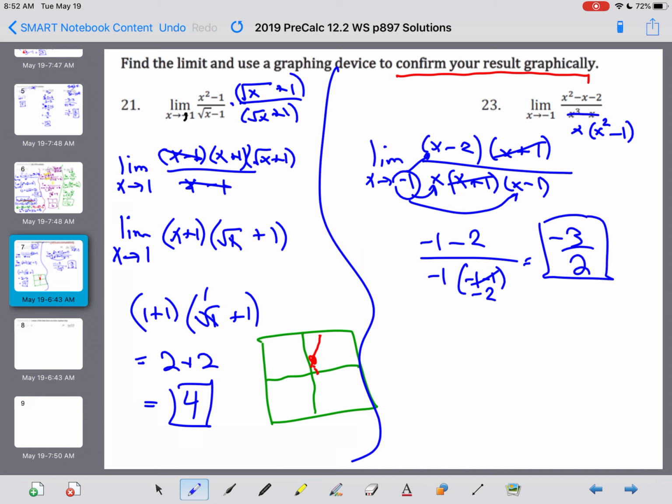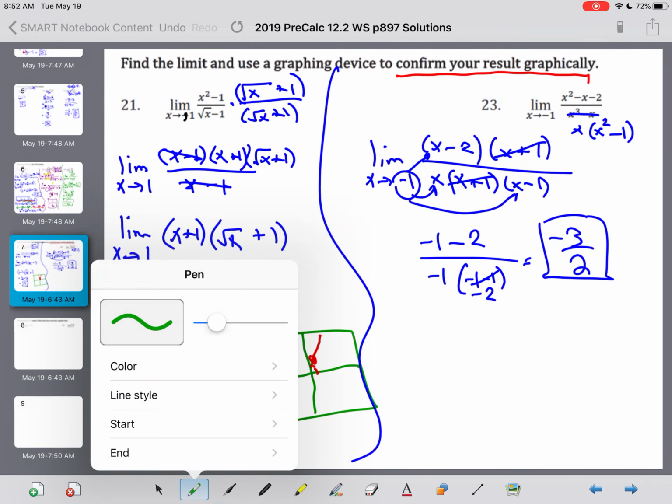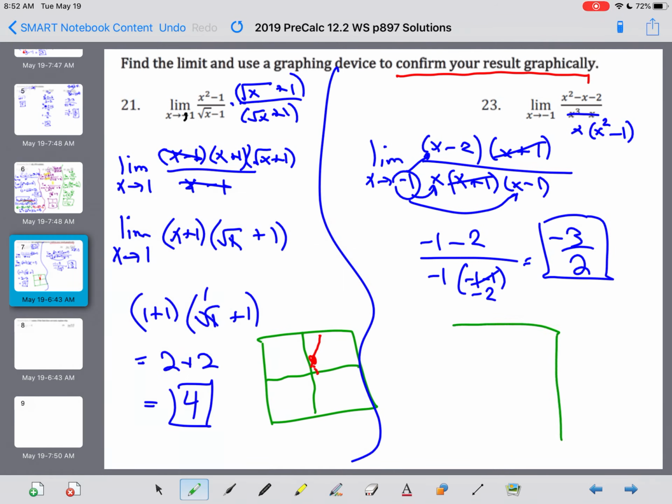And when I graph this, just give me a second here. And again, you could use Desmos for this. We're going to take a look here. And again, just make the graph consistent looking here.